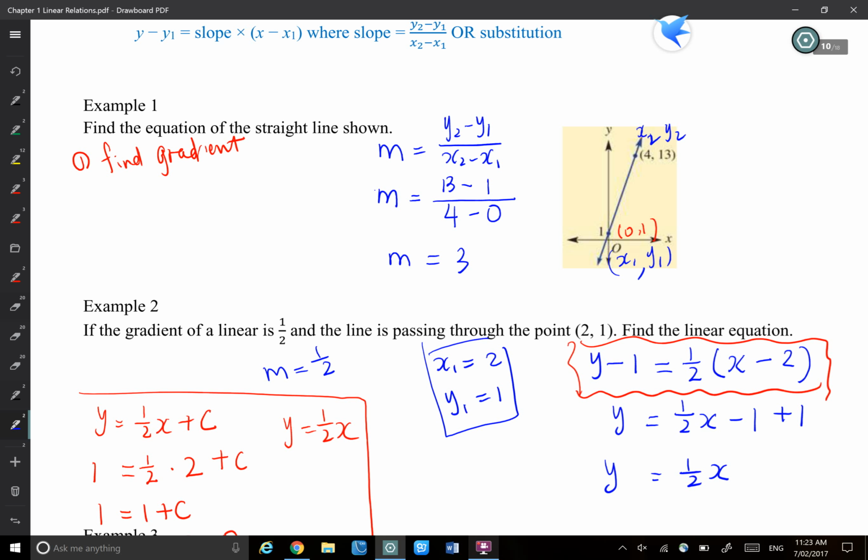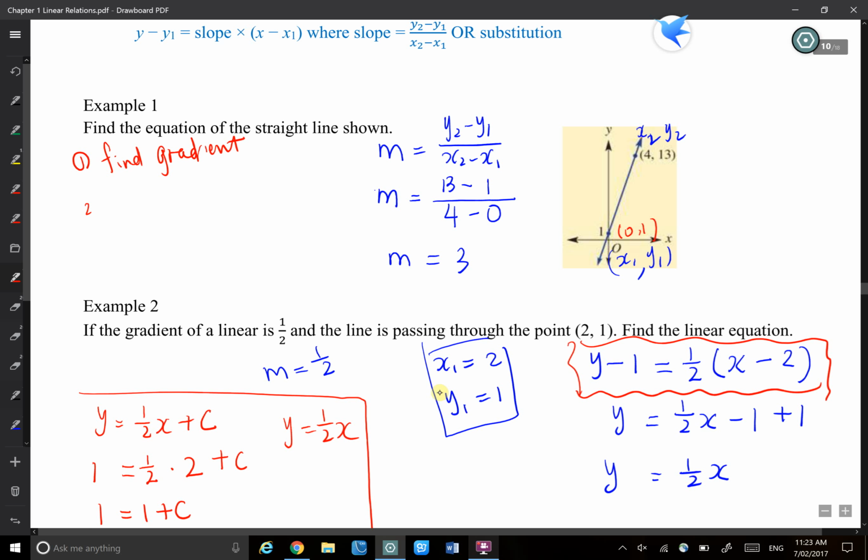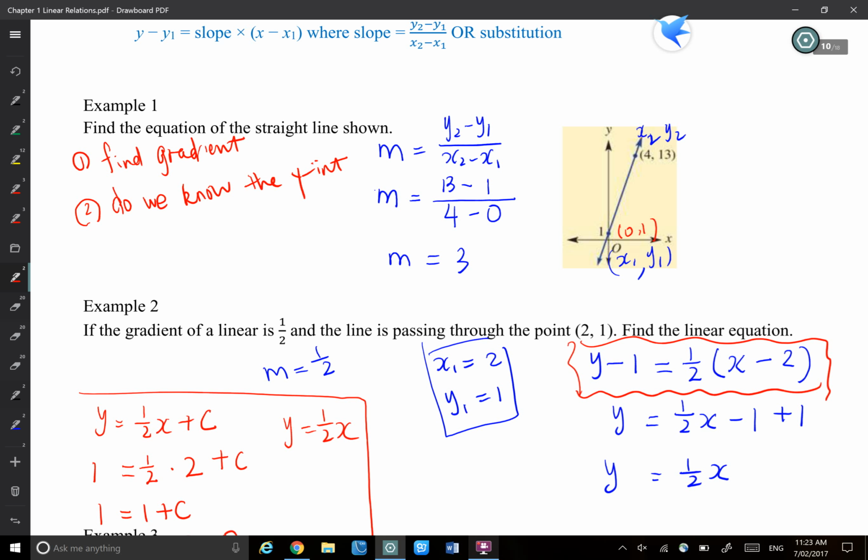So when I know the gradient, I need to think about, do we know the y-intercept? If we know the y-intercept, I know the gradient already, so I can directly pop it into y = mx + c.